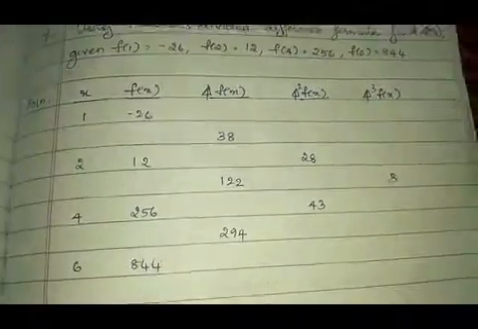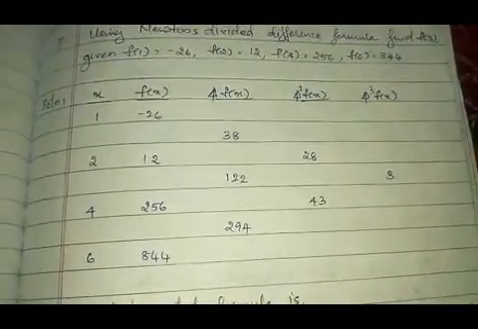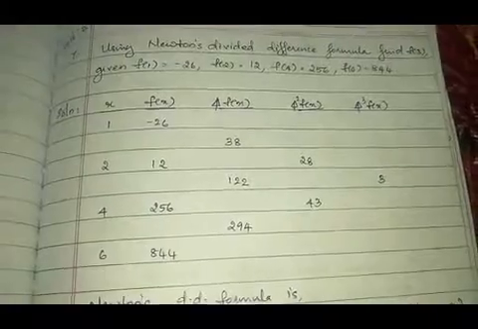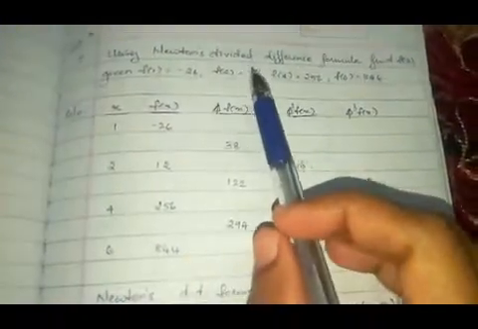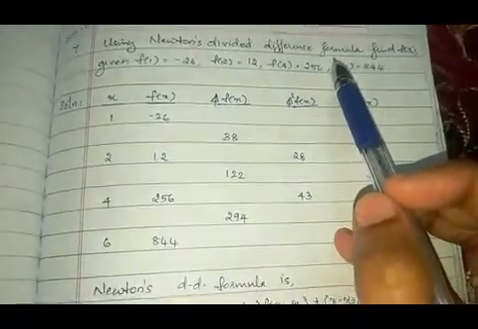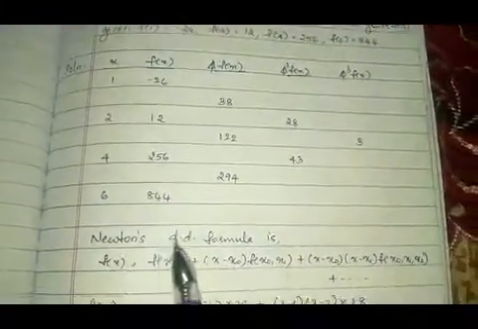So after constructing the divided difference table, now we have to find f of 3 using Newton's divided difference formula. So let's write the Newton's divided difference formula now.